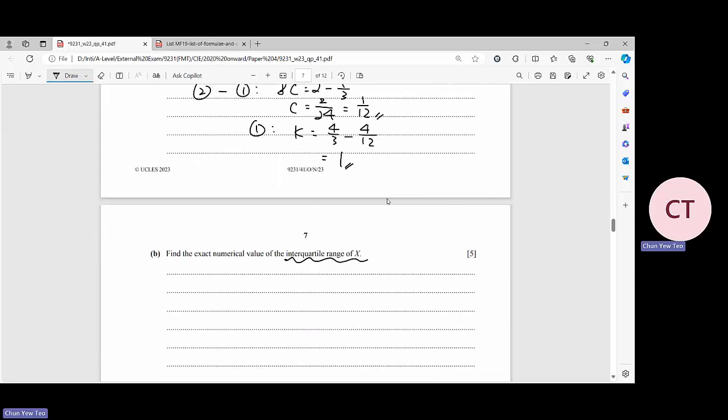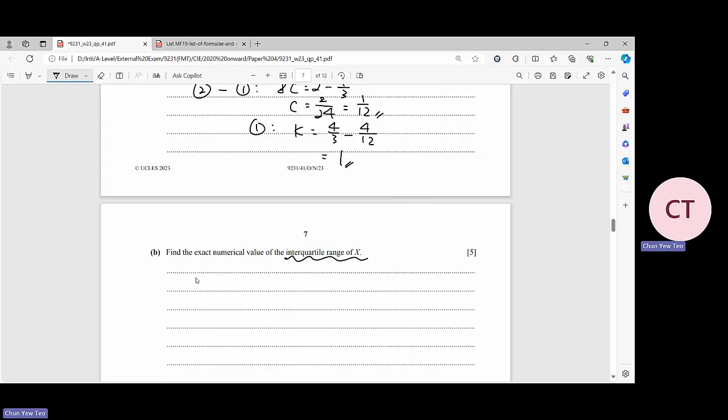So we're going to make use of this result. We just need to integrate. To find the lower quartile, integrate from 0 to the lower quartile L of mx. It will give you 1/4. So this gives you x squared over 12 from 0 to L. You will get L squared over 12 equal to 1/4. So from here, L is equal to root 3, because L is positive.